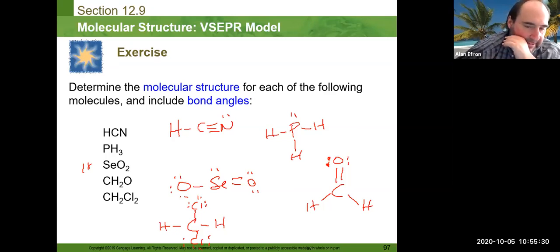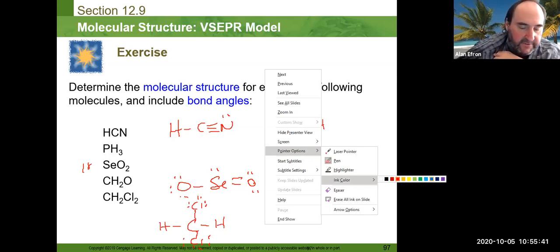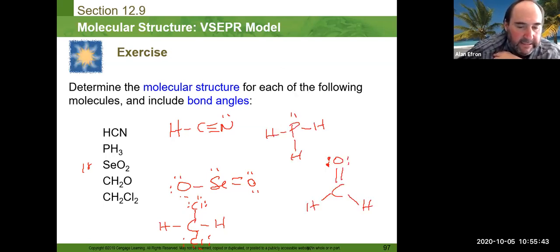Okay, so let's take a look at each of these and try to decide angles and geometries. If we look first at our HCN, again, the central atom is what you want to look at. We're going to count electron pairs first. So this has 1 electron pair there. Our triple bond on the right only counts as 1.